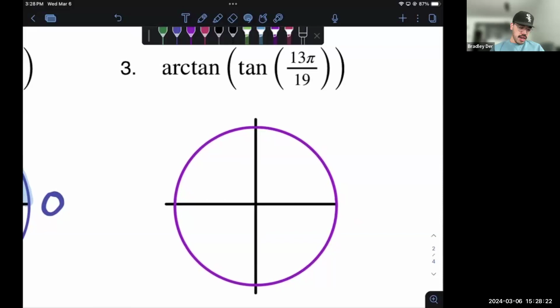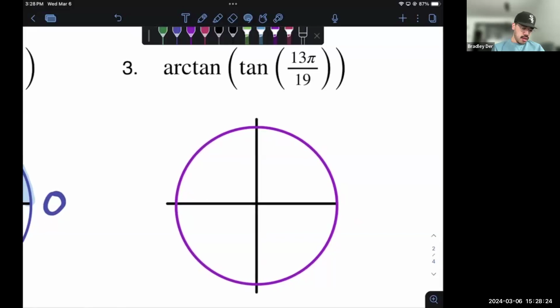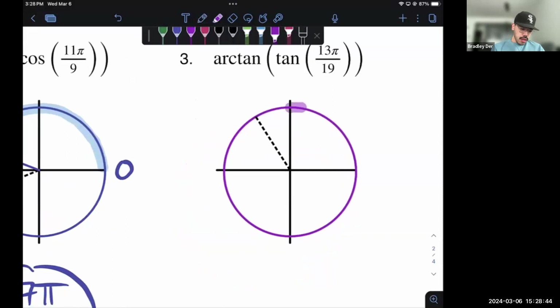13 pi over 19. Wow, that's crazy. Half of 19 would be 8.5. So 13 being larger than 8.5, but less than 19, tells me that 13 pi over 19 is somewhere in quadrant 2. So I'd say maybe right about there. Now, that terminal ray is not in our desired range for arctangent.